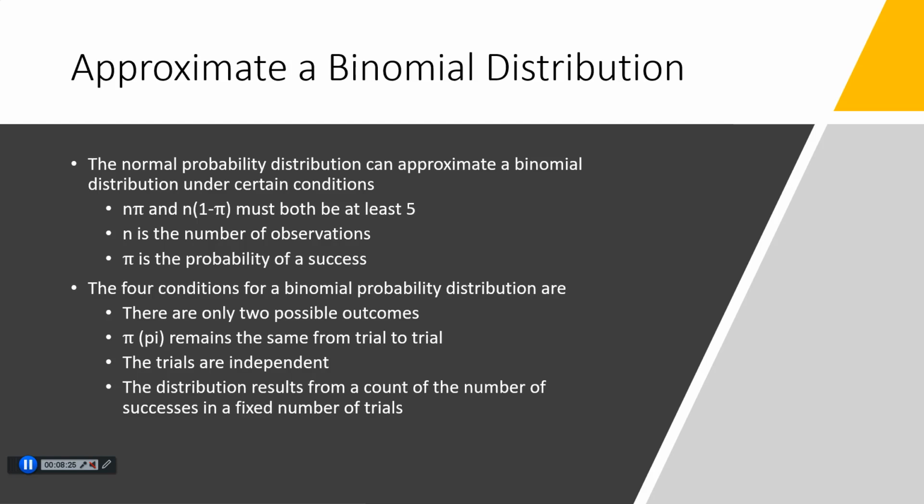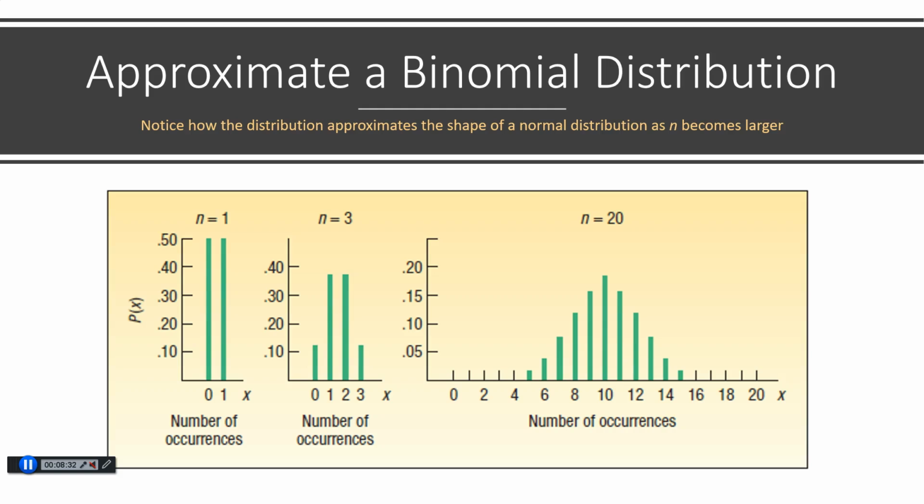But first you need to make sure that the distribution you're looking at really is a binomial distribution. So binomial distributions for an n of 1, 3, and 20 are provided here, where my probability of success is 0.5. And as our n value gets larger, you see that my shape becomes more bell-shaped or more normally distributed.